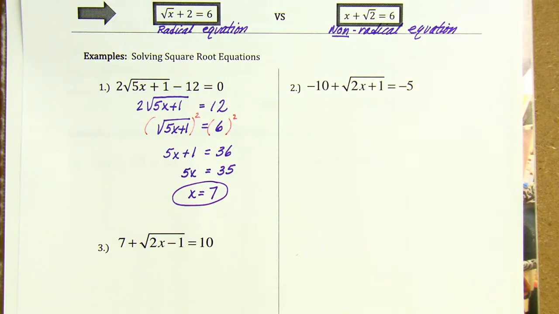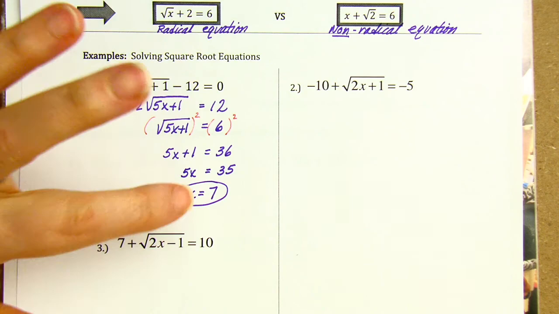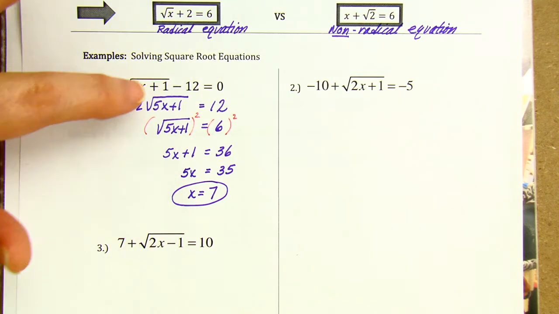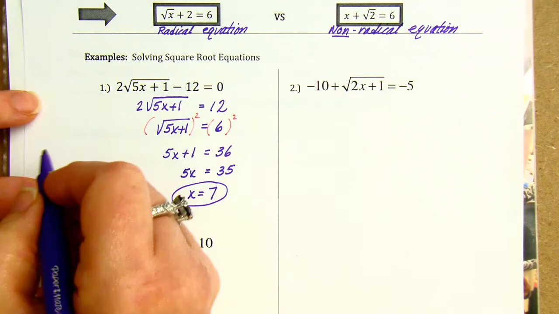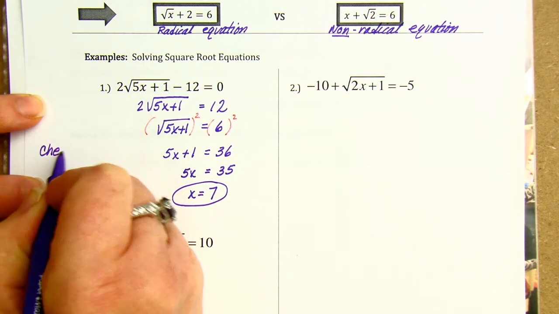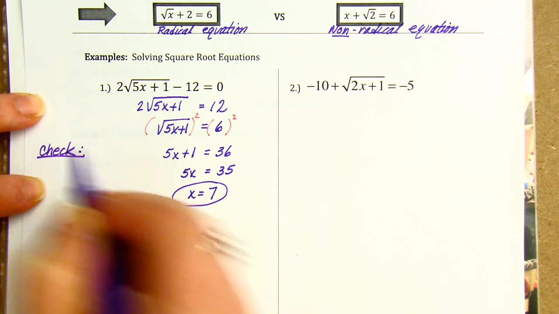Now, you must check these. You have to check these because sometimes your solution, when you substitute back in, gives you a not real number. So you do have to check these. You must.